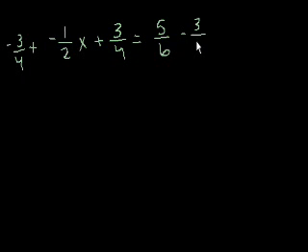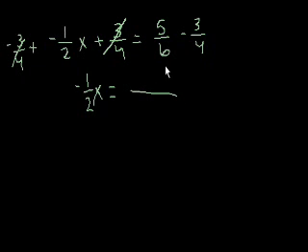Minus 3/4. Well, on the left-hand side, the 3/4s will just cancel, and we get minus 1/2 x equals, and then on the right-hand side, we have to do this fraction subtraction. So the least common multiple of 6 and 4 is 12.